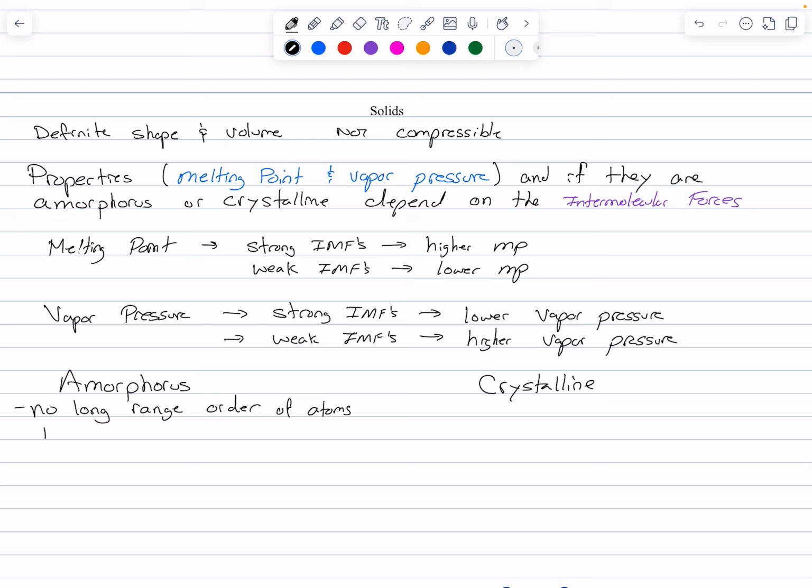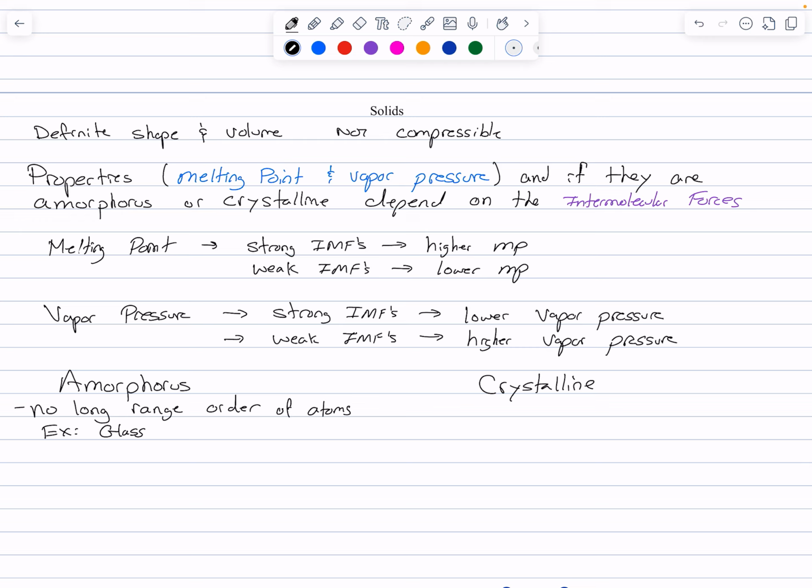Right? So an example of that is glass. Most of the silicates, like SiO2, and some other things in there, if it's Pyrex, which is borosilicate glass, or some other stuff, right? They don't have long range order.